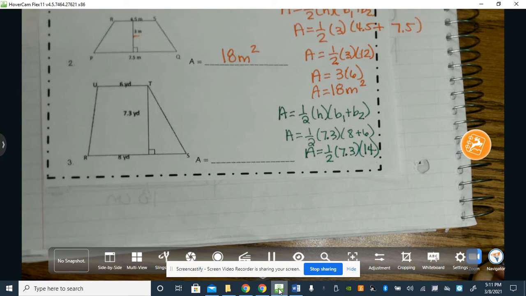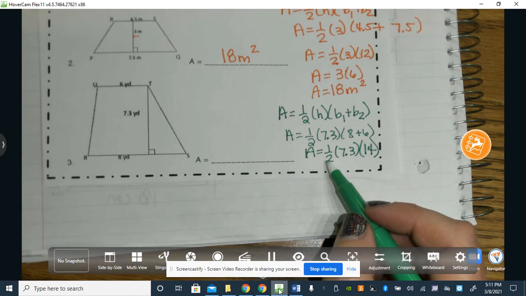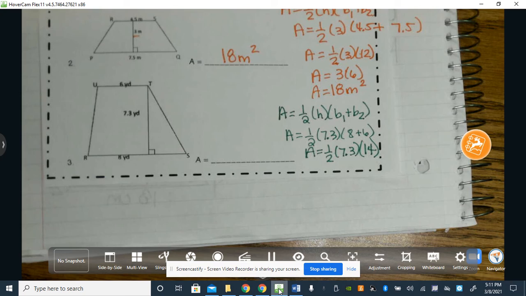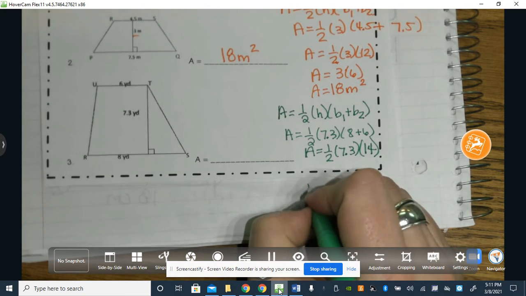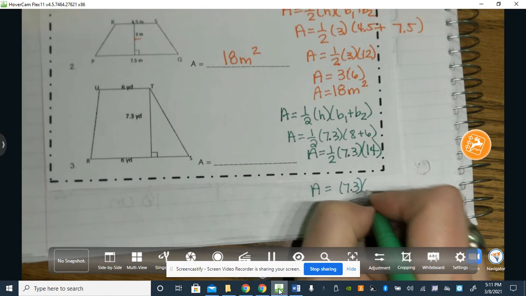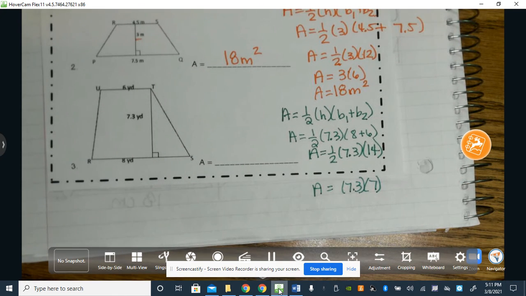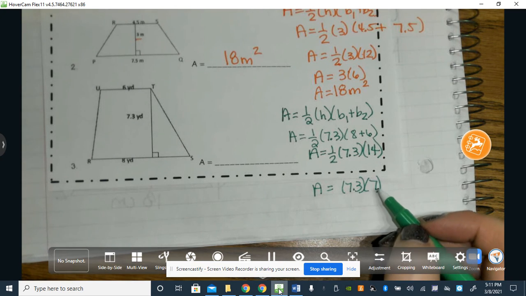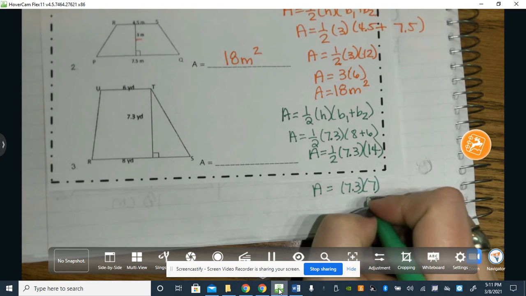Again, when I said make them easy numbers to work with, what if I half 14? I get 7. So my area is equal to 7.3 times 7. Now those are some friendlier numbers to deal with. So 7 times 3 gives me 21.